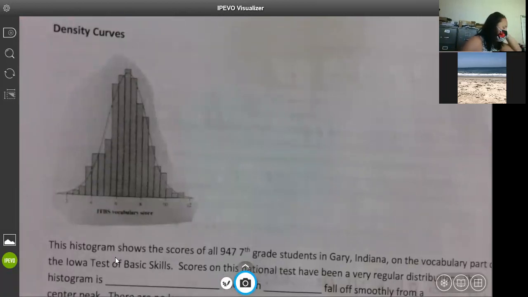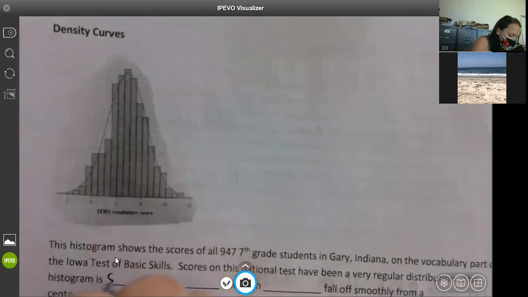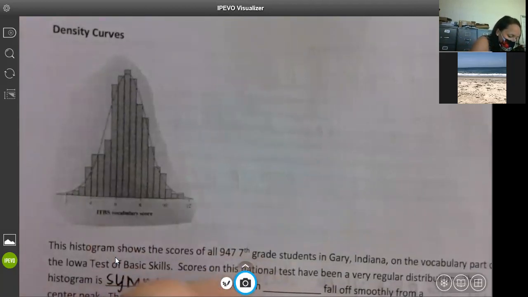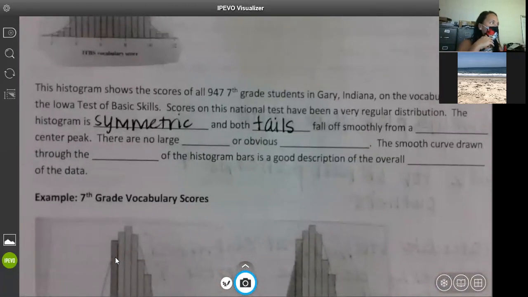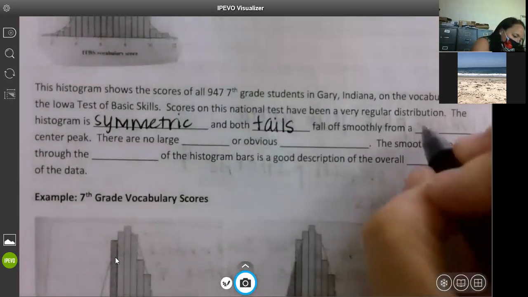This histogram shows the scores of all 947 seventh graders in Gary, Indiana on the vocab part of the Iowa Test of Basic Skills. Scores on this national test have been very regular distributions. This histogram is symmetric with both tails that fall off smoothly from a single center peak.